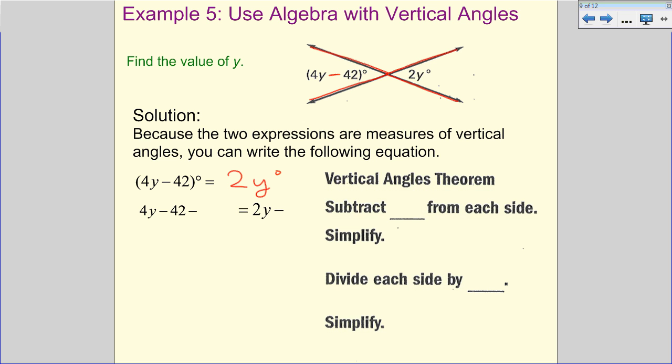Because I have just 2y over here, I am going to subtract the 4y from each side. And so when we simplify each of those sides, we are left with negative 42 is equal to negative 2y. I have to divide each side by negative 2 to finish off my algebra.